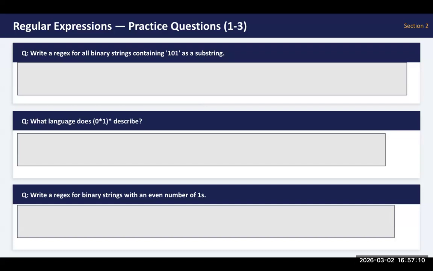which is a regex for binary strings containing 101 as a substring. Yeah, so how I would see this question is basically 101 needs to be a substring.